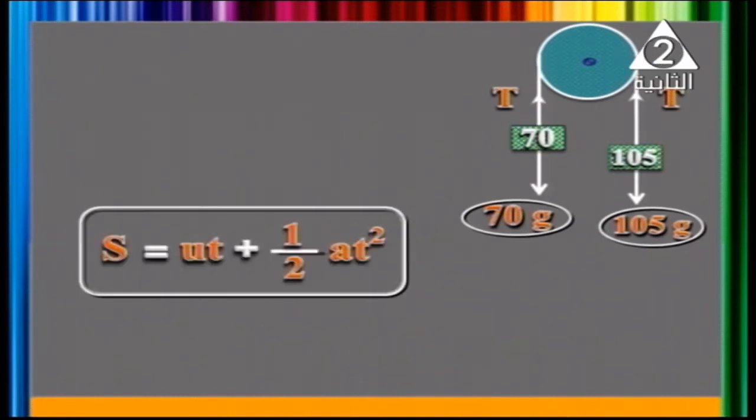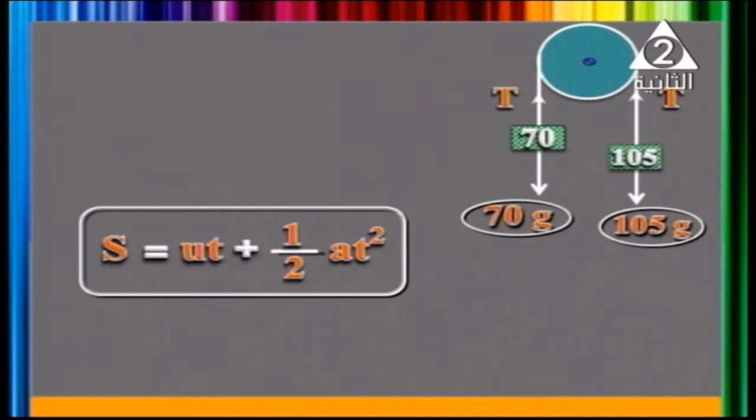My dear student, the second rule of motion: S equals v naught t plus half a t square. This equation of motion relates the displacement and acceleration with the initial velocity u and time t.